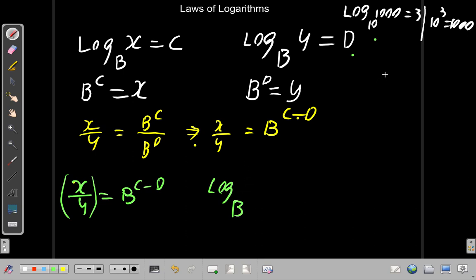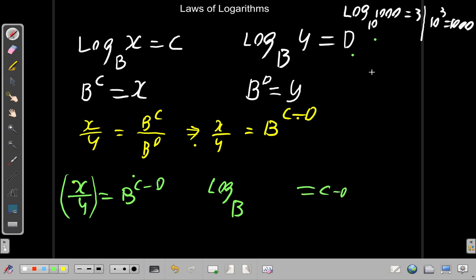Here in index form, the index is c minus d, but in log form, it is the answer. You say equals c minus d.